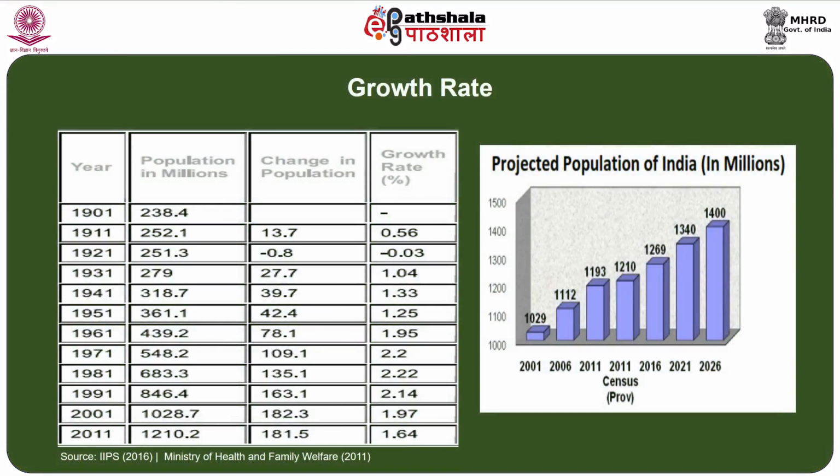Now, when we look at the population and also the growth rate over a period, it clearly indicates that when we refer to 1921, which was the period of the Great Depression, the growth rate was negative, to the extent of minus 0.03, and from that period onwards, there is a steady increase in the growth rates.